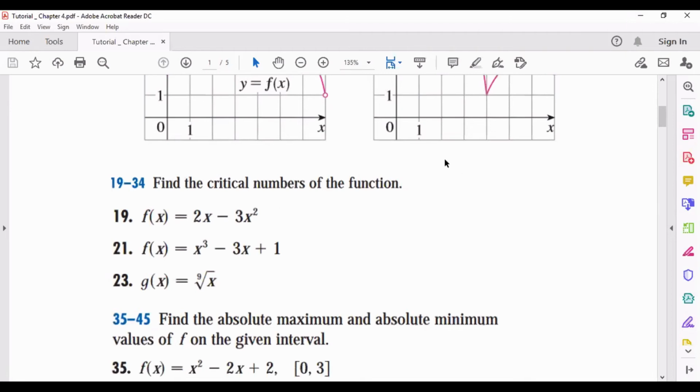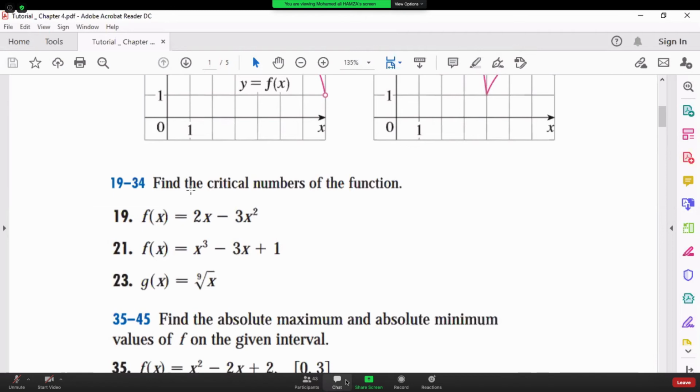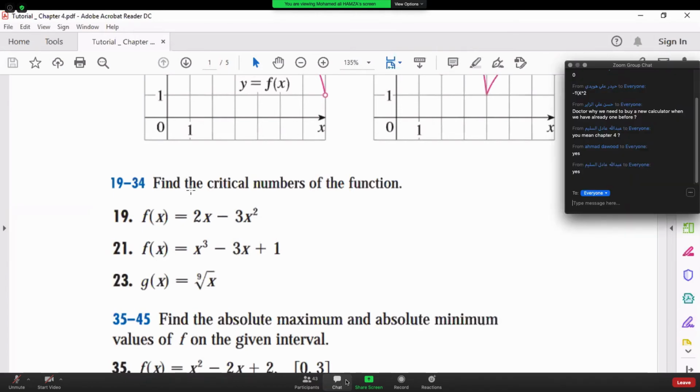We mentioned what is the meaning of critical numbers. Critical numbers of the function. What does that mean? Are you with me, guys? When the equation is equal to 0. Which equation? F prime of x.